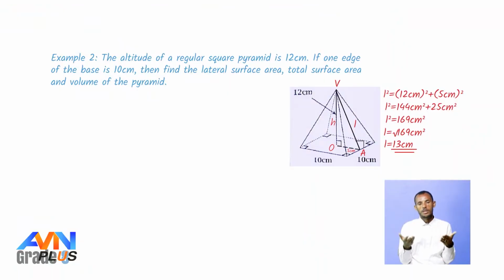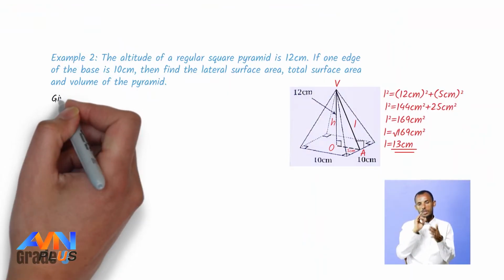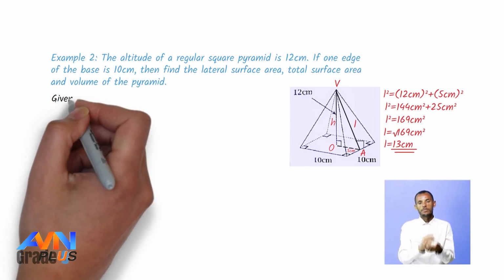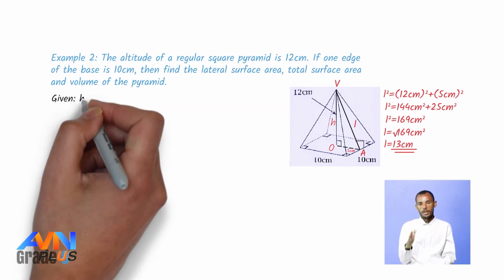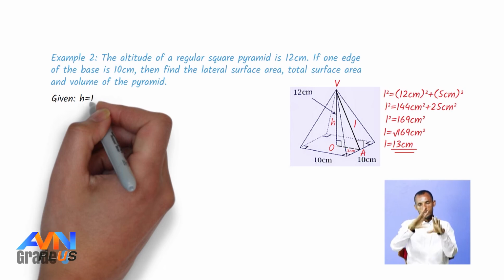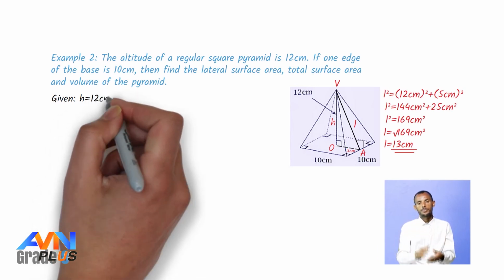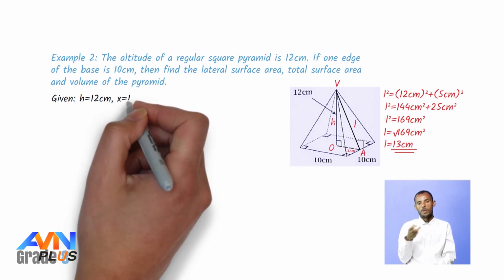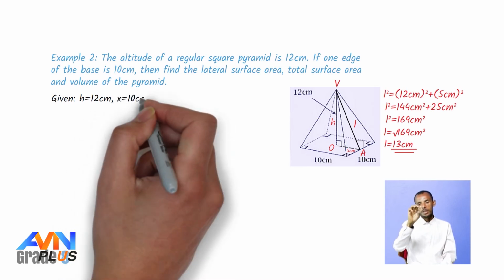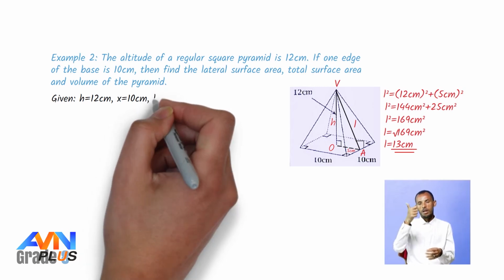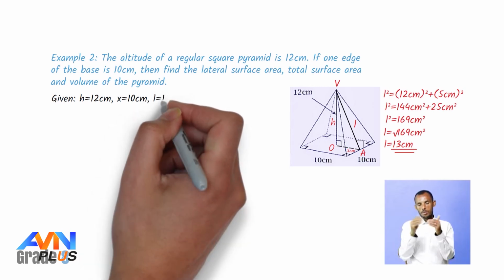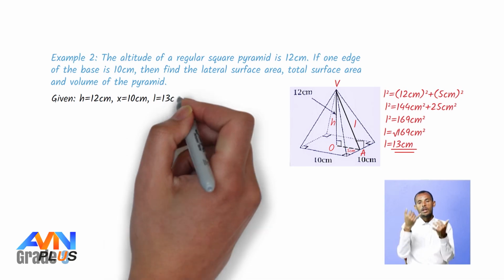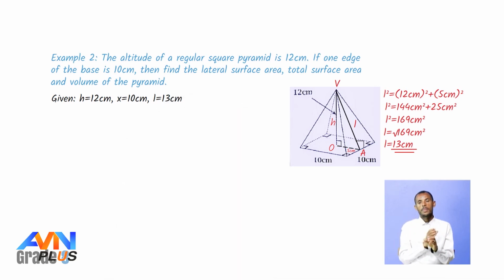So what is given here? The height h is given, which is 12 centimeter, the side you can call x, which is 10 centimeter, and we also have the slant height, which is 13 centimeter.